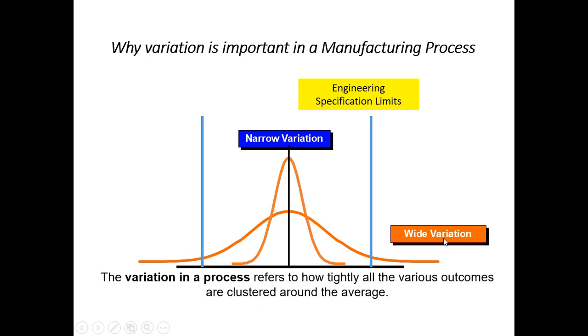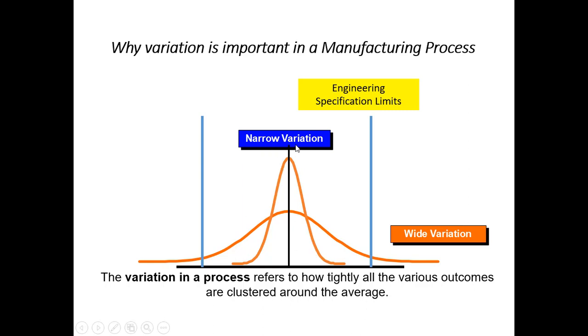So people would use standard deviation or the variance to measure this, try to make improvements, and hope that after the improvements are made their output looks more like this curve here, and now all the output is within the spec limits.